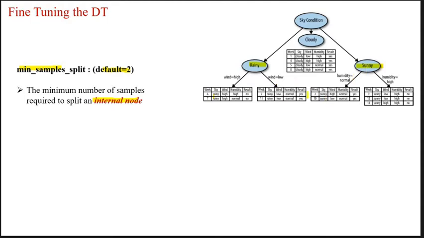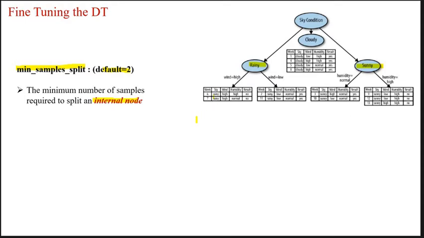And this internal node has 5 samples in total, and 2 go over here and 3 end up on this side. So if you limit this parameter to 5, let's say, then this node will not split because it has 4 samples. But this node has 5 samples, and this will further split.